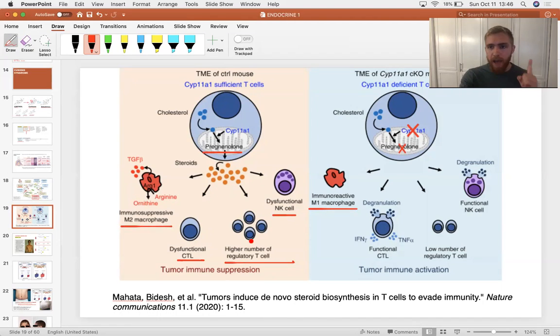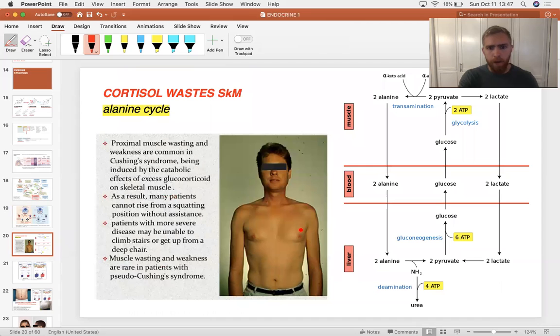And you need those cytotoxic Ts and those NK cells, which are cell-mediated immunity, specifically to pop cancer cells through granzyme perforin-mediated cell killing. So steroids are going to inhibit that and essentially, again, mask inflammation, which is situationally good, situationally bad. Here's a patient with hypercortisolism.